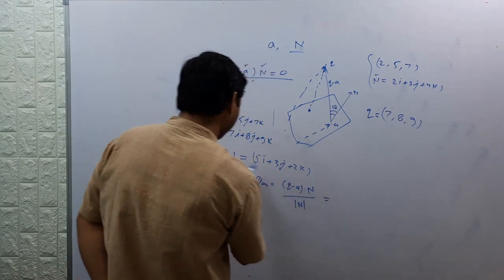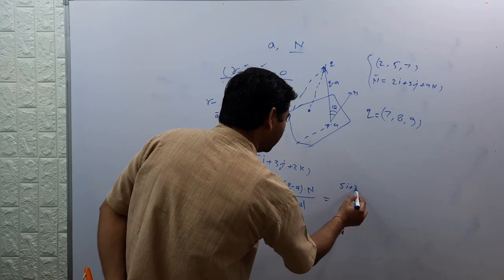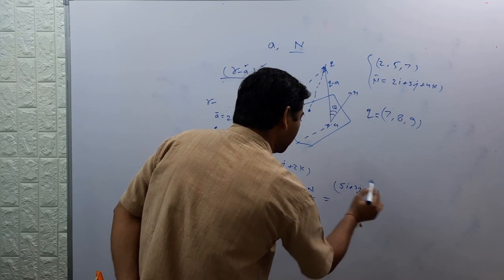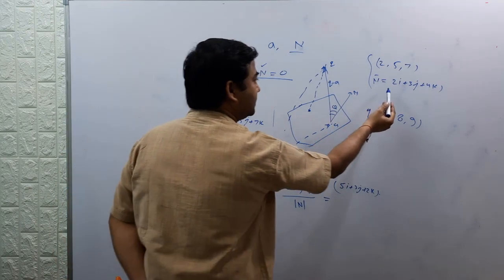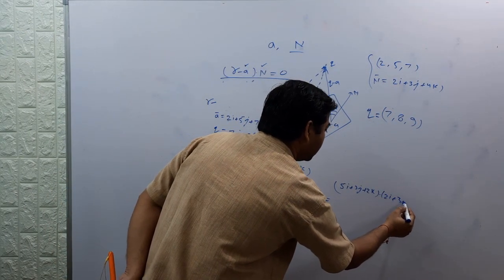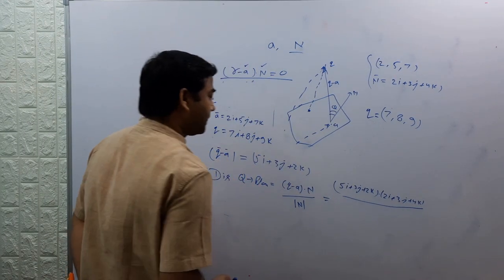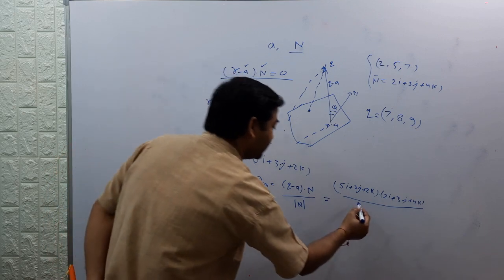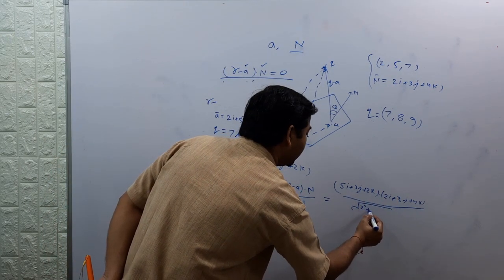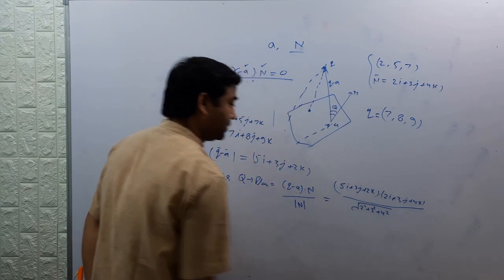So Q minus A is 5i plus 3j plus 2k dot N, the perpendicular vector, which is 2i plus 3j plus 4k, divided by mod of vector N, that is under root 2 square plus 3 square plus 4 square.